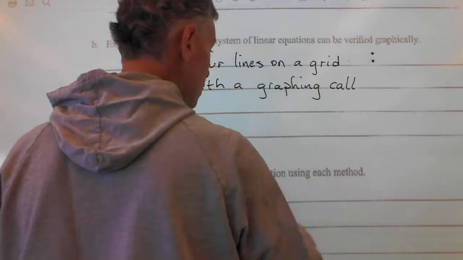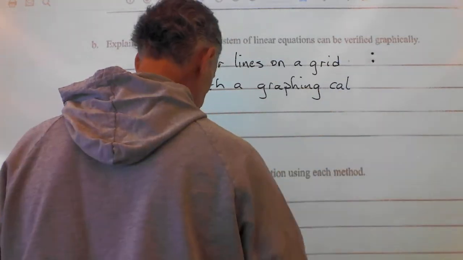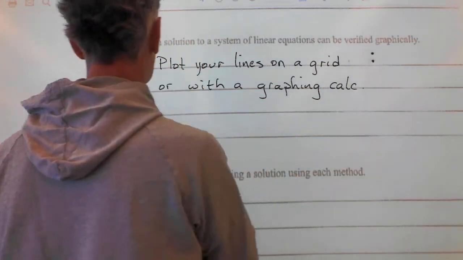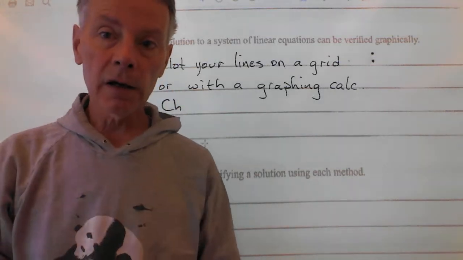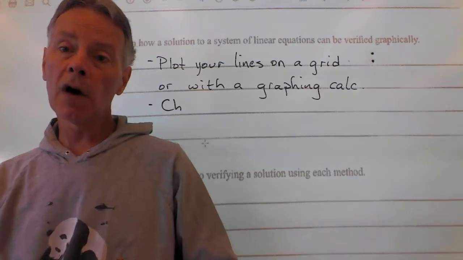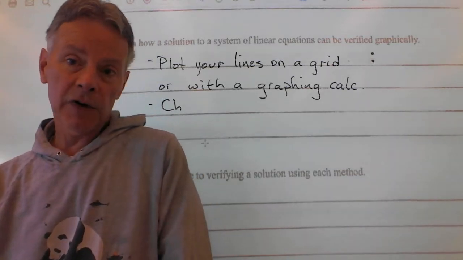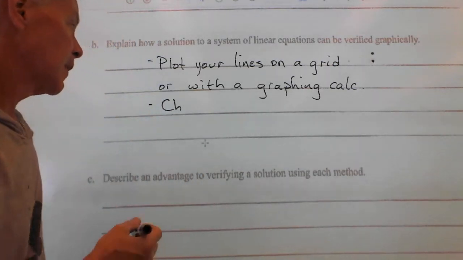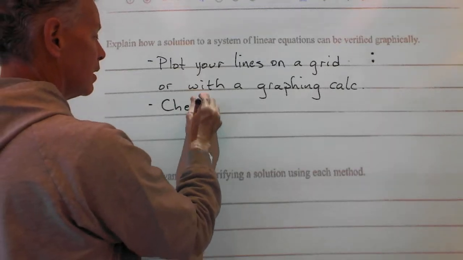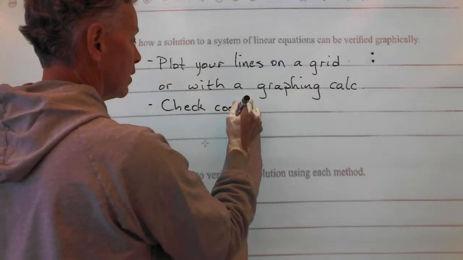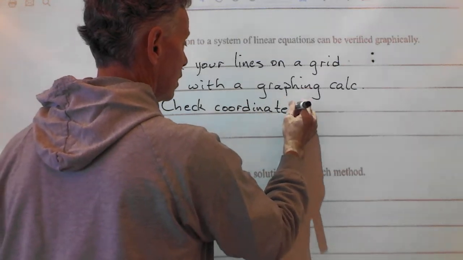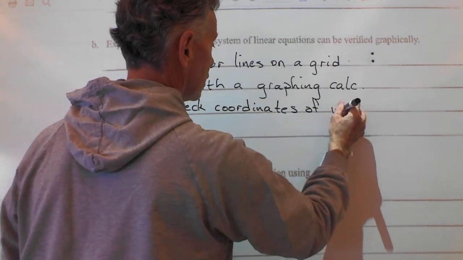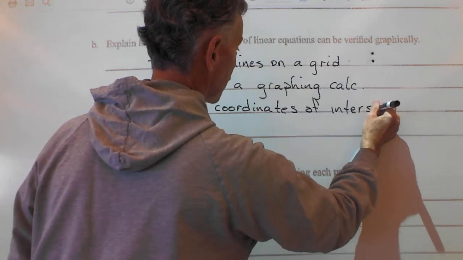And then you can visually check, right? You can check where those two lines cross and see if it's the same as the answer you got. Okay? So check coordinates of intersection.